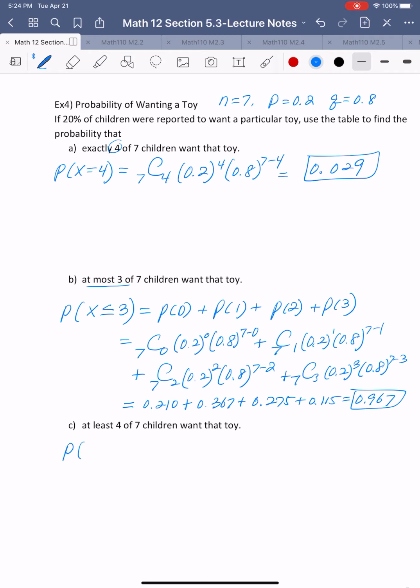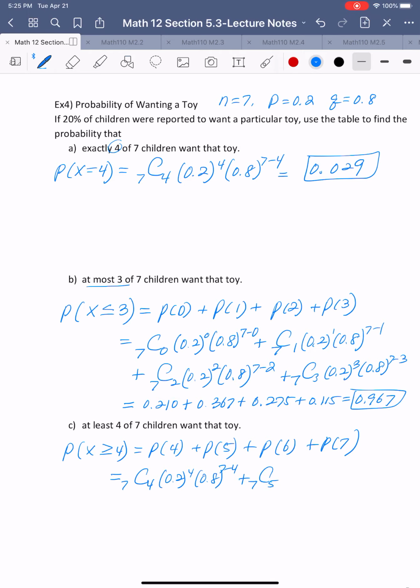So at least 4 means x must be greater than or equal to 4. So in order to find that, P could be 4 and 5 and 6 and 7. So using those, C(7,4), 0.2 to the 4th power, 0.8 to the 7 minus 4.